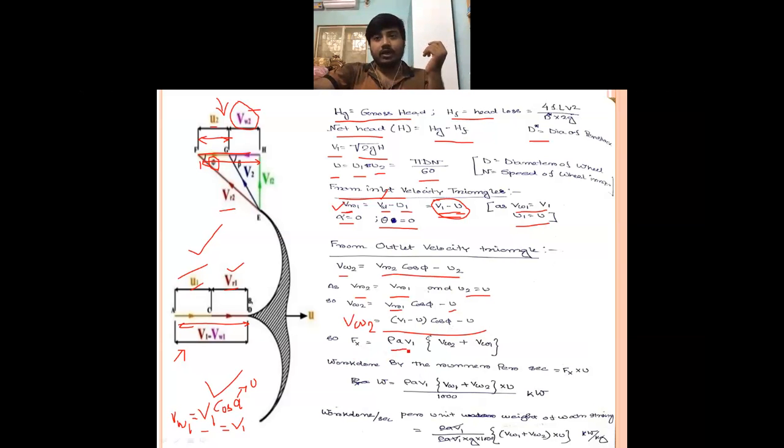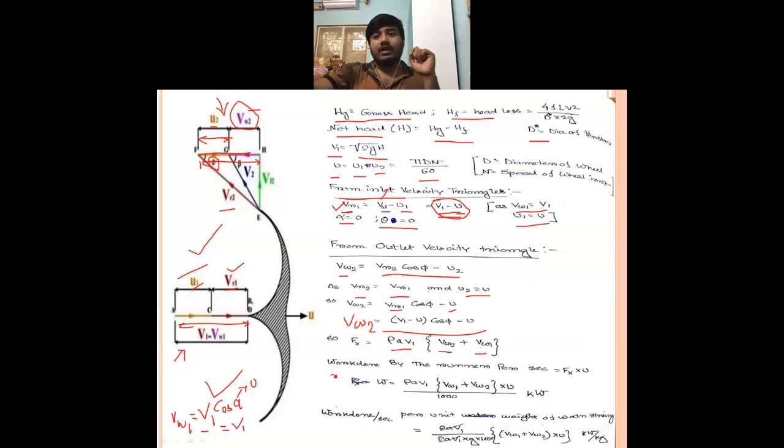So this is the mass flow rate, rho a V1, multiplied by VW1 plus VW2. We have already seen why this comes as plus. So Fx will be rho a V1 multiplied by (VW1 plus VW2).